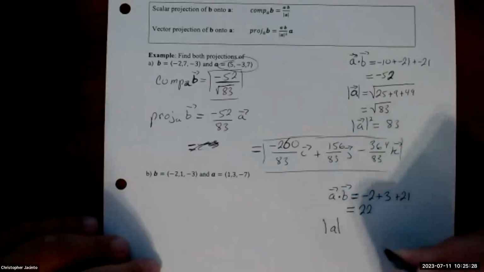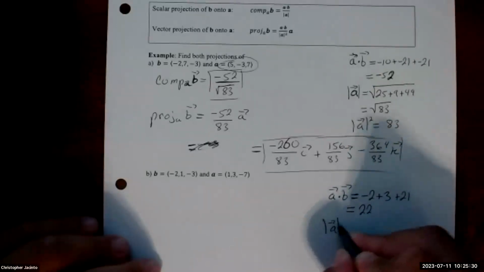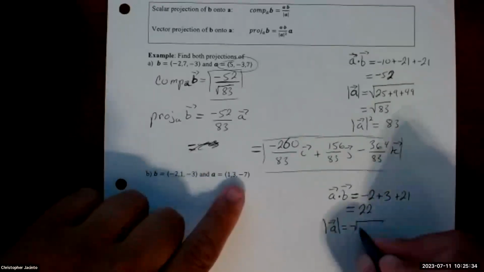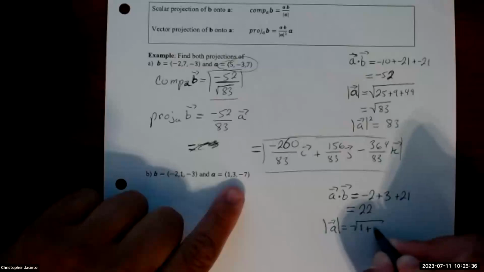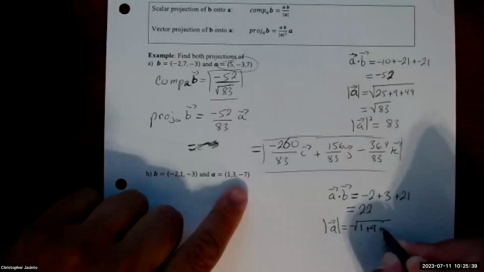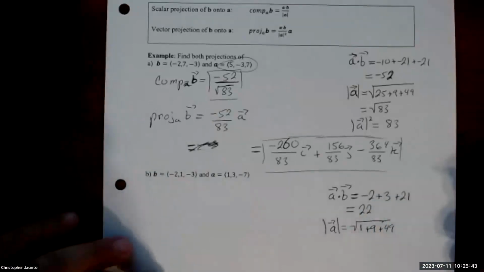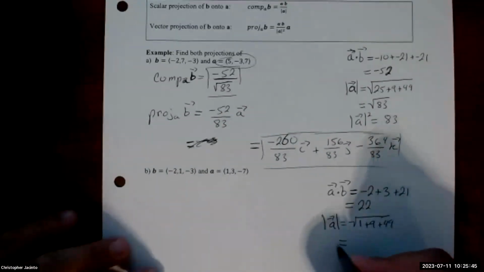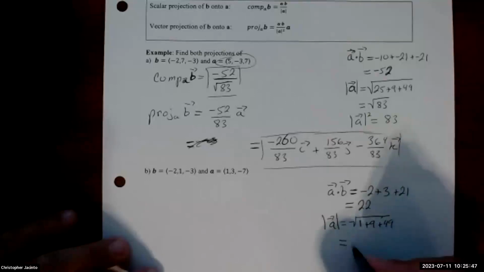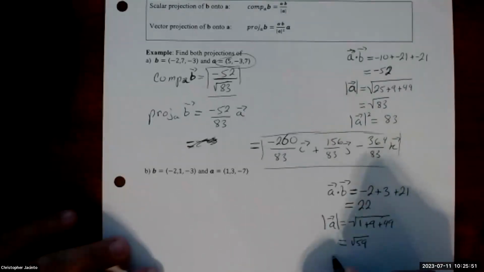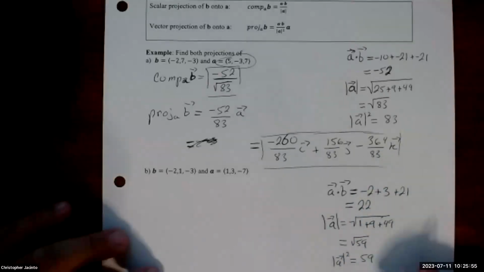The length of A: 3 squared is 9, this will be 49, which is equal to the square root of 59. And therefore the length of A squared is 59.